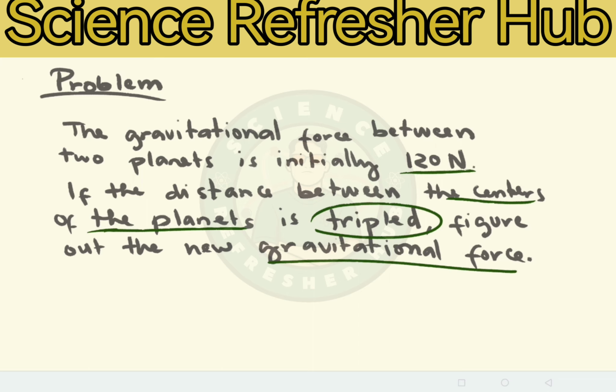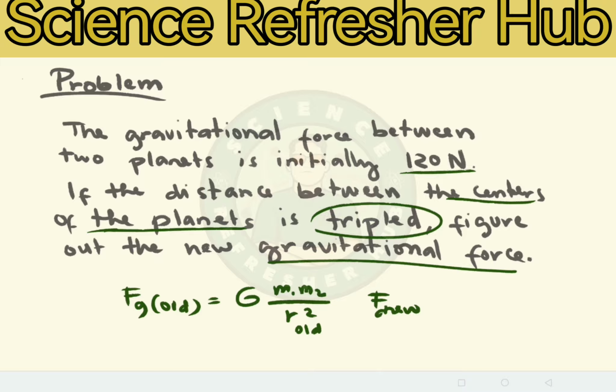So we will equate, let's say, look at this one. Old, this is the old gravitational force. So it will have a formula of, as we know, G m1 m2 over r squared. So this is going to be the old radius of force, since we need to triple it. In this case, we need to find the new gravitational force here.